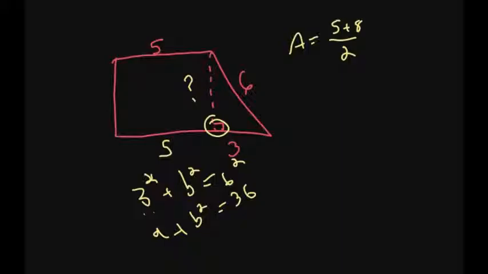Subtract, I get b squared equals 27. Square root that. And the square root of 27 is going to be 3 square roots of 3. So that's going to be my height.